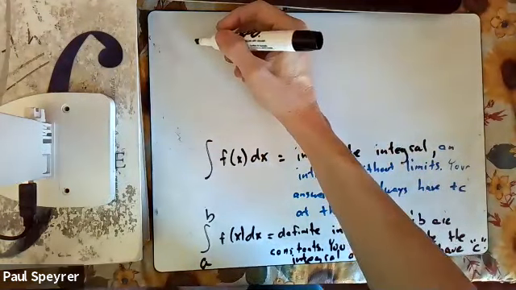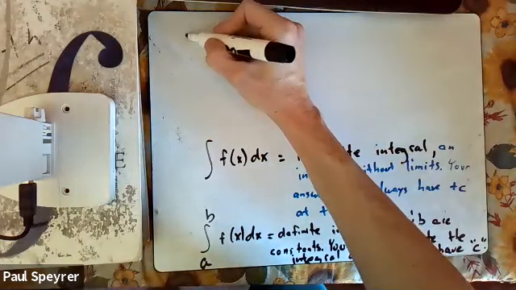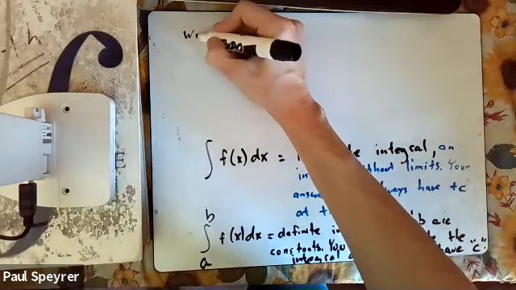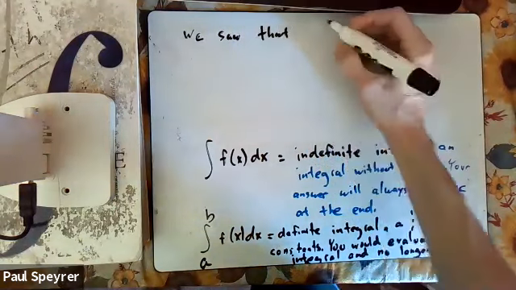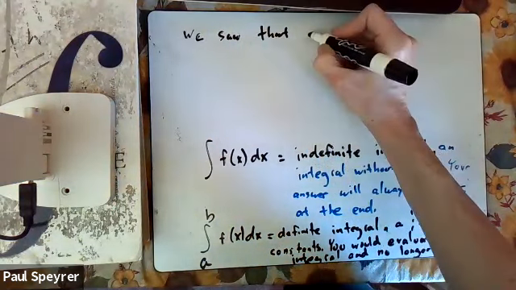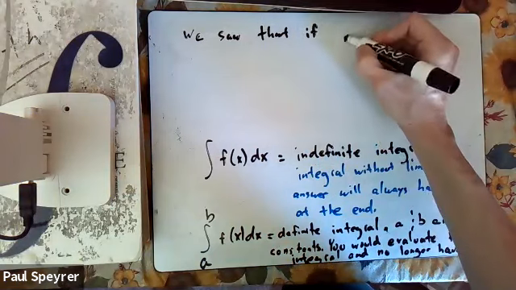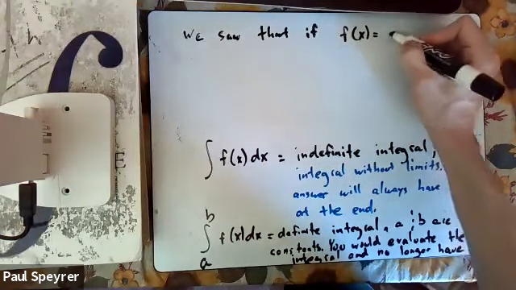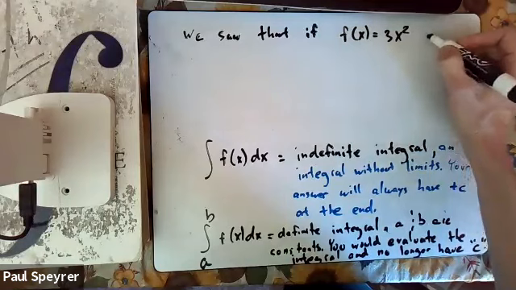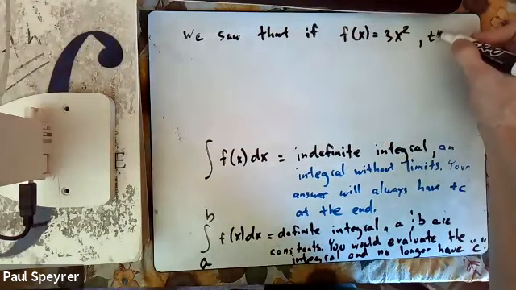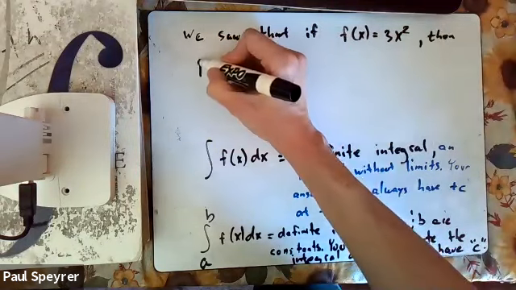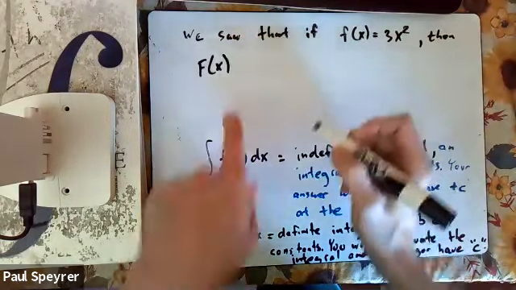So let's try out a few of these. So we saw that if f of x equals 3x squared, right, the base function, then the antiderivative, right?